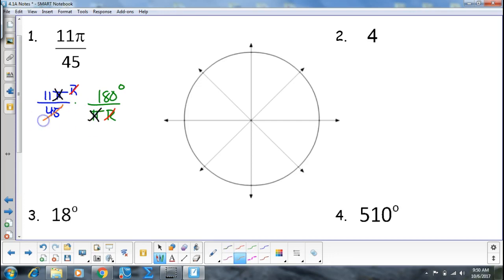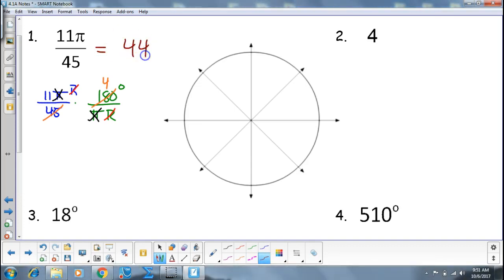And 45 goes into 180. How many times? 4. Okay. So you get, in the end there, that this is 44 degrees.